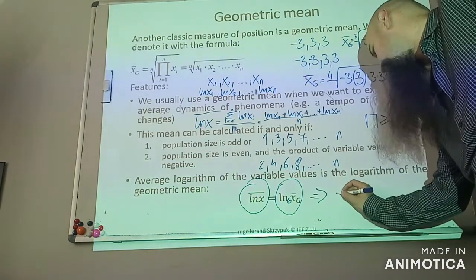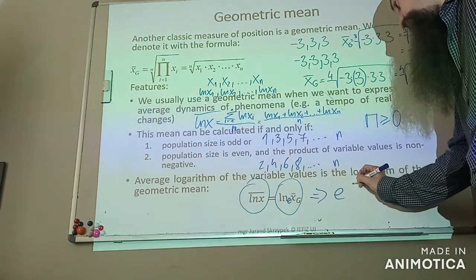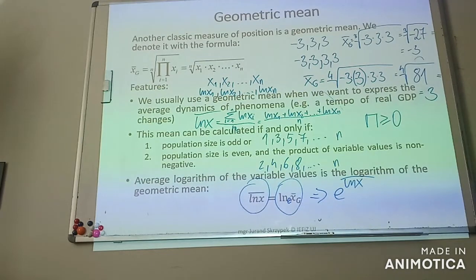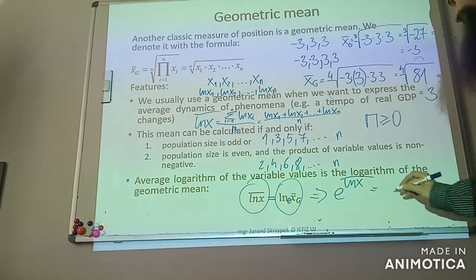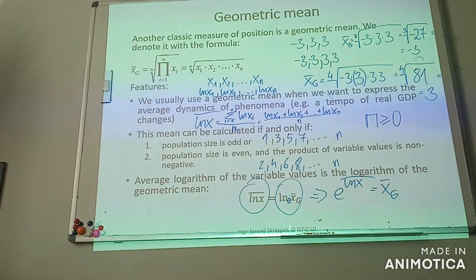So Euler's constant to the power of the average logarithm of the variable values gives us the geometric mean. This is a very interesting feature.